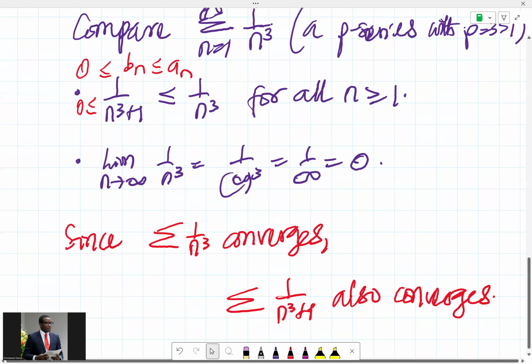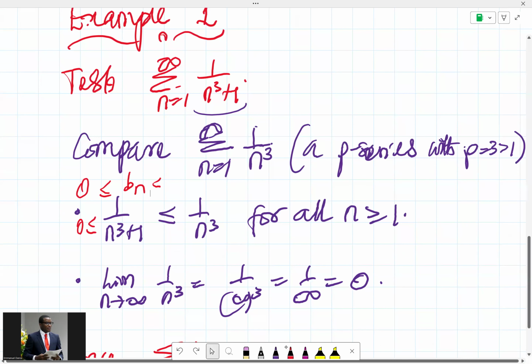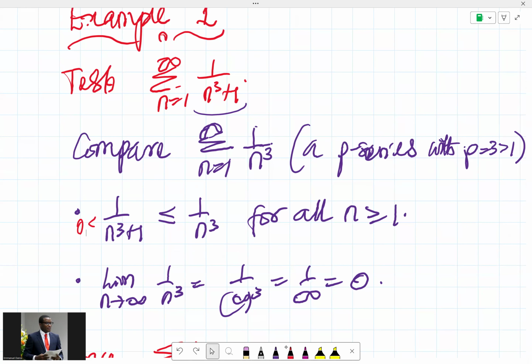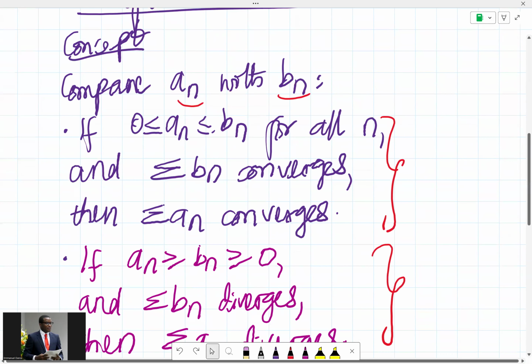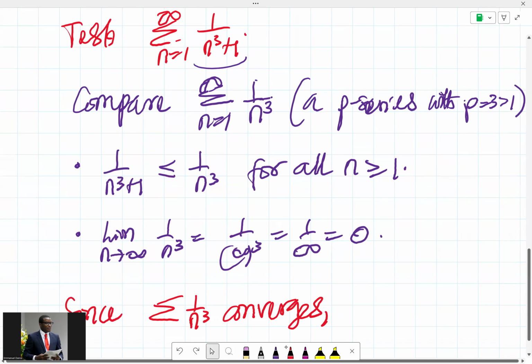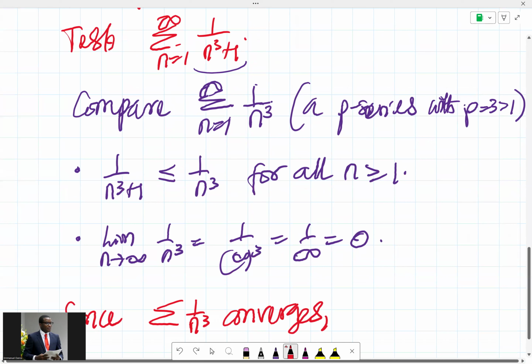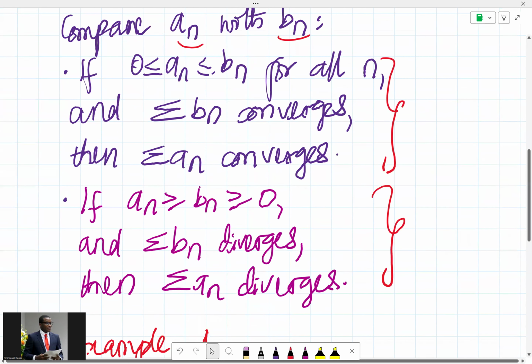Or better still, I think it works better for the other side of things. I think it's the second one, right? Where you have the given function. The given function is 1 over n cubed, and so an is greater than bn. So here the function we're given is our an, and this is bn.